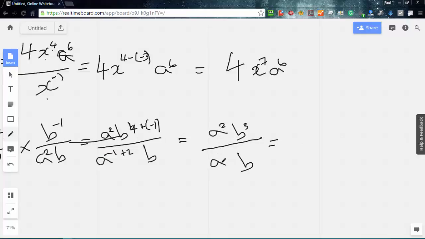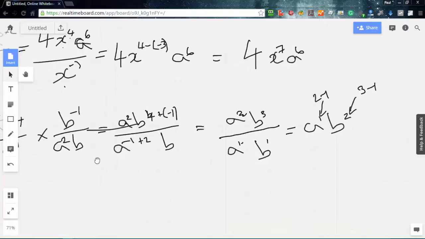A squared over a. Remember, essentially these have got powers of 1. So it's a to the 2 minus 1, which is 1, and b to the 3 minus 1, which is 2. Remember this one came from the 3 minus 1, 3 at the top, 1 at the bottom. And this 1, which essentially you don't have to write, came from 2 minus 1, that 2 and that 1.